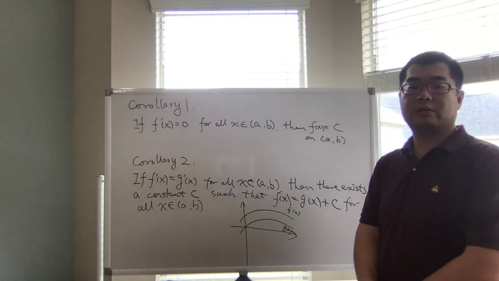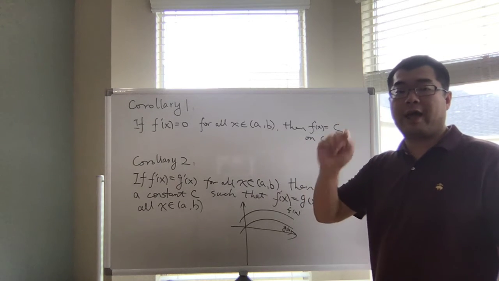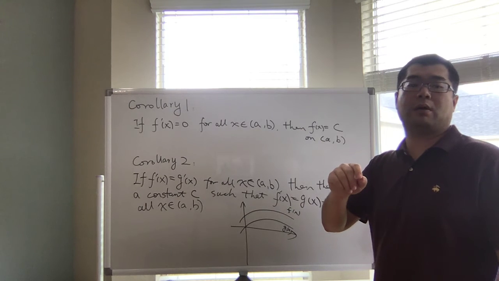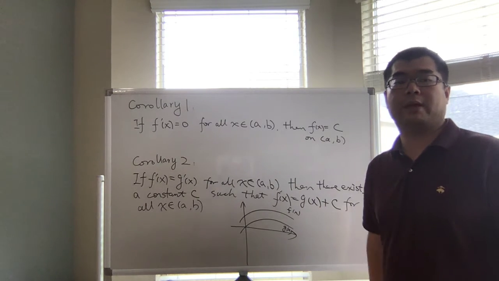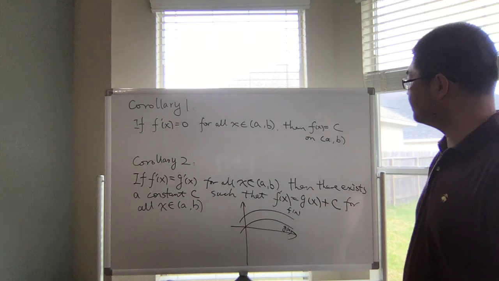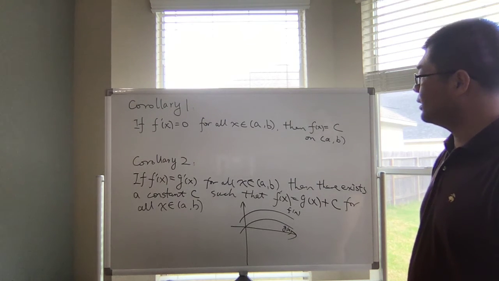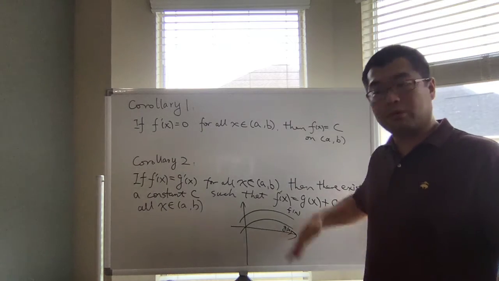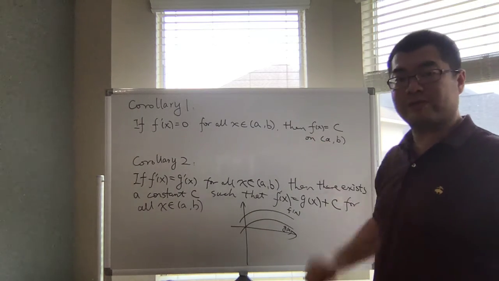So remember, at every point the derivative is 0. And also keep in mind it is continuous and differentiable, so it must be a constant.